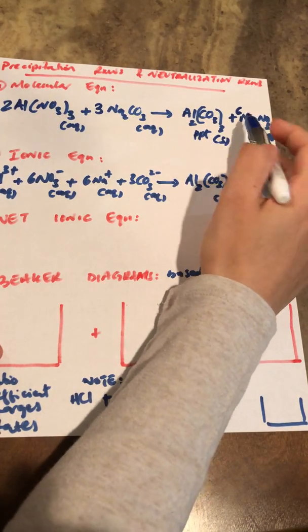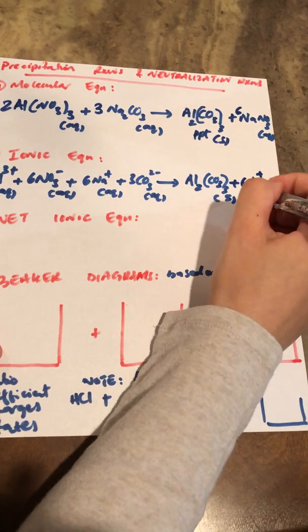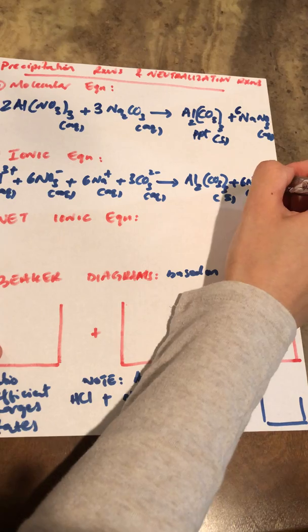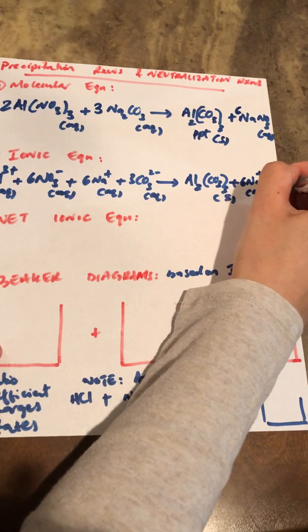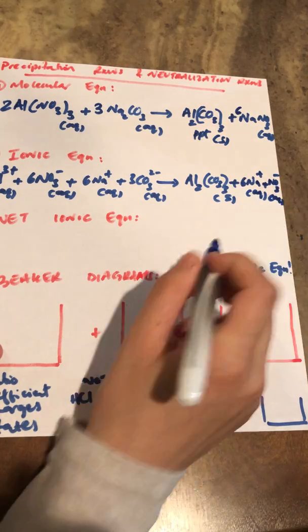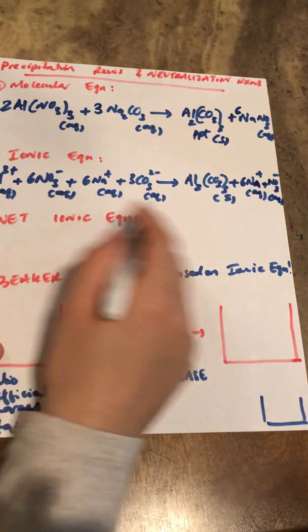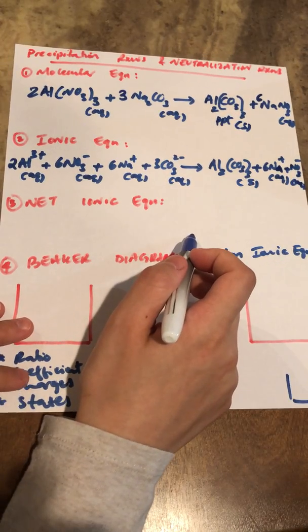And then I'm going to add the 6 sodium pluses, again in aqueous phase. And lastly, we're going to add the NO3 minus aqueous. And that would be my full answer for the ionic equation.